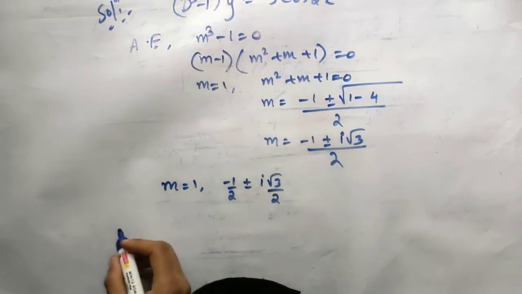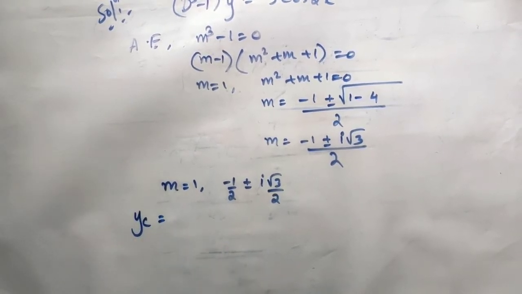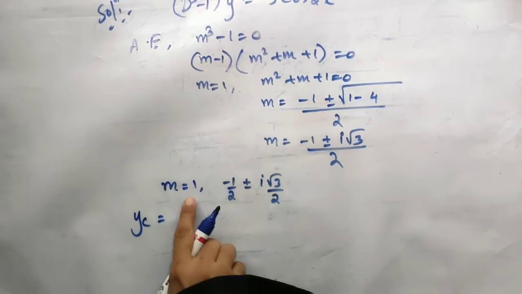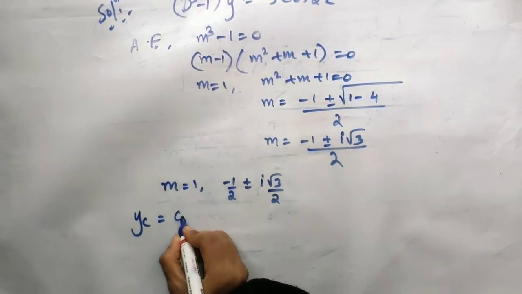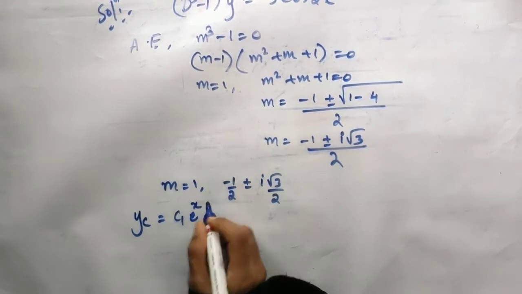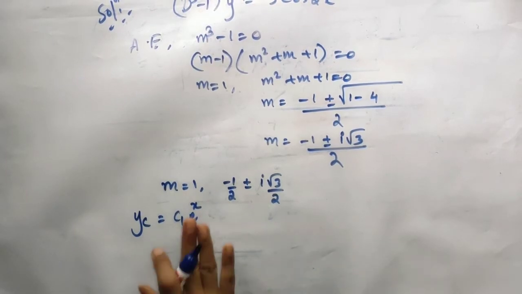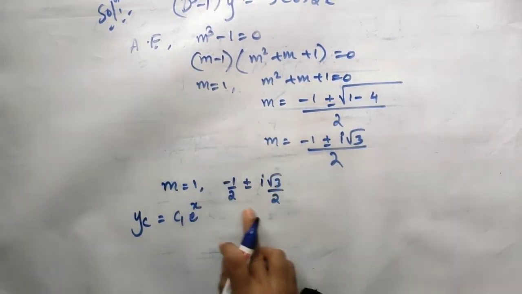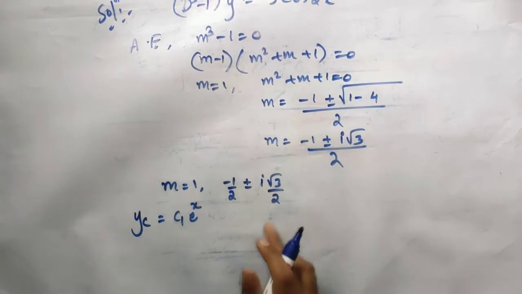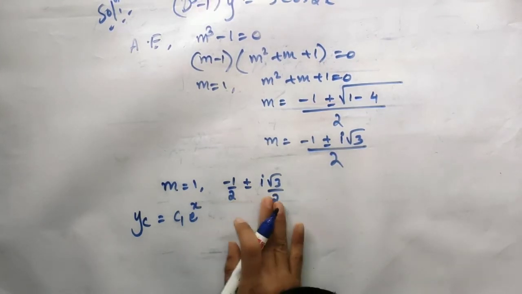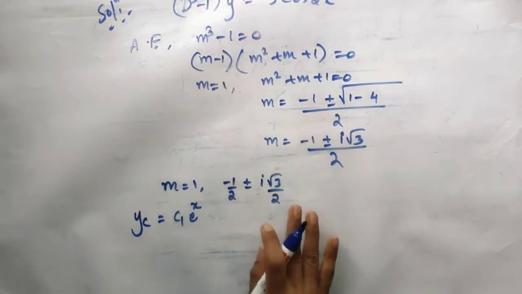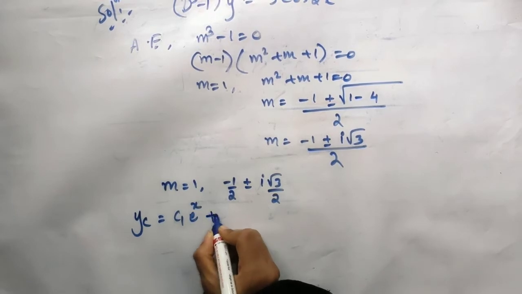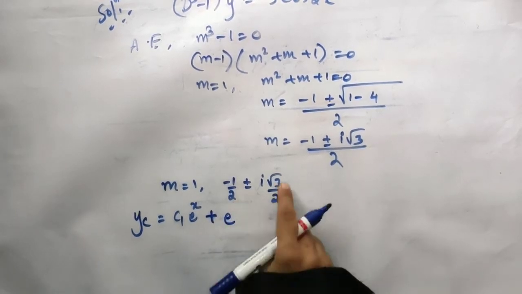To write our yc, first follow the rule to write the solution for yc. Since the first root is real, we are going to write c1 into e to power x into 1. We are done with the first part. Now we have to write yc for the complex roots. I have told you a number of times how to write yc whenever there are complex roots. First plus e to the power of the real part of these roots.